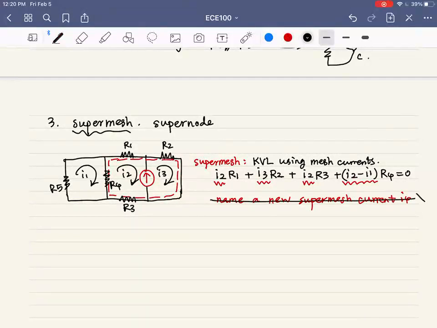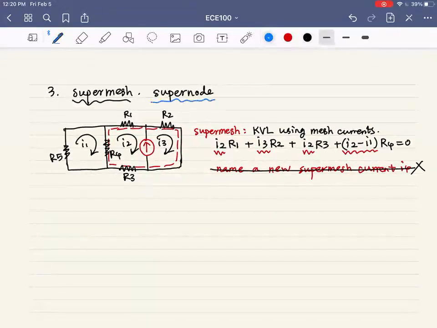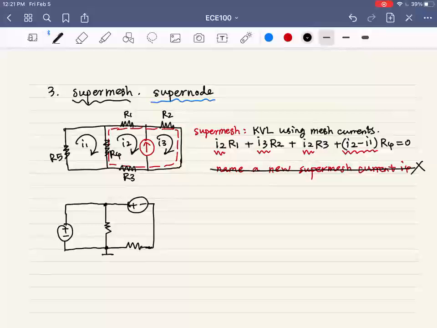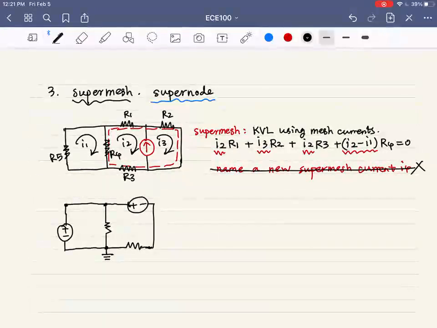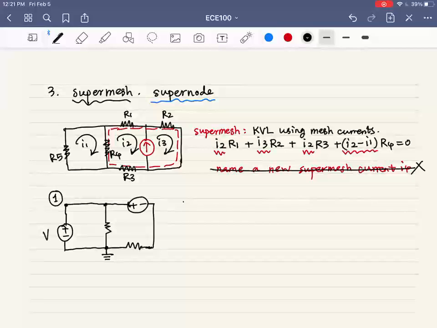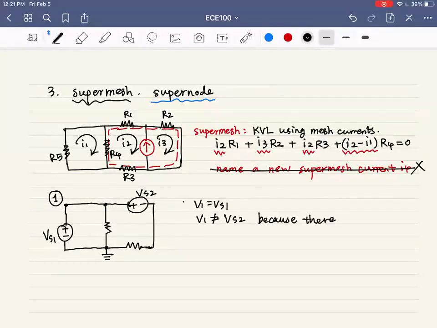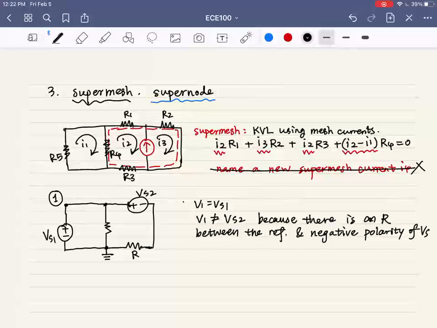So, okay? Now for supernode, when we set the reference node here, we will notice that node 1, the node voltage, is equal to Vs1, right? But we should keep in mind that V1 is not equal to Vs2. Why? Because there is a resistance between the reference node and the negative polarity of Vs2, right?